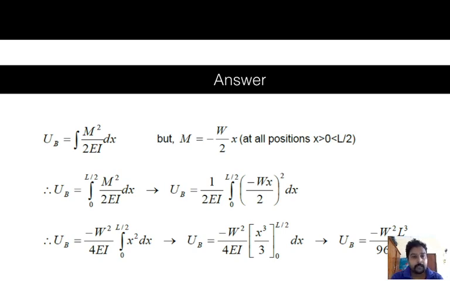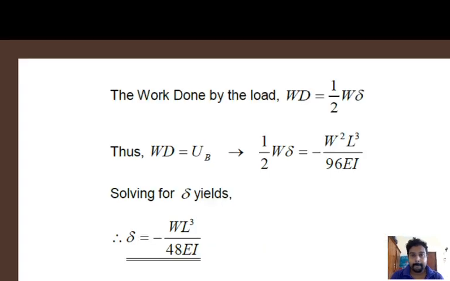If you integrate M squared divided by 2EI dx, with M equal to minus Wx divided by 2, squared, after integration we get the solution as minus W squared L cubed divided by 96EI. Now the work done by the load is equal to half W times delta, which is equal to minus W squared L cubed divided by 96EI.